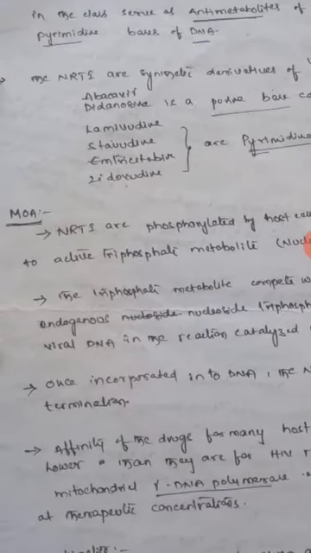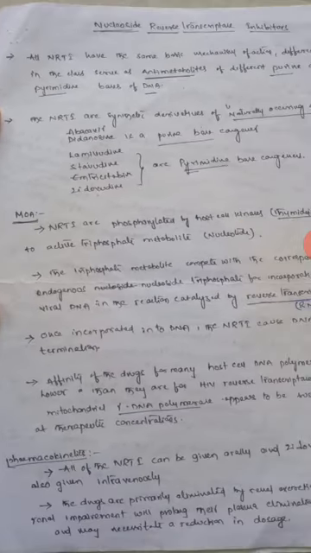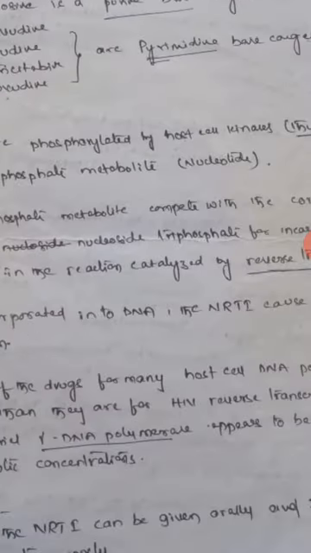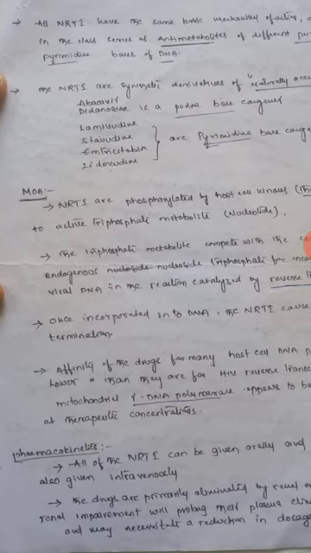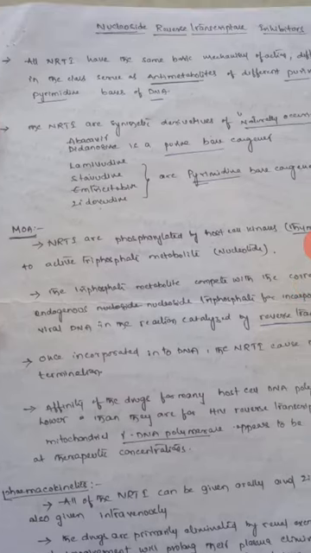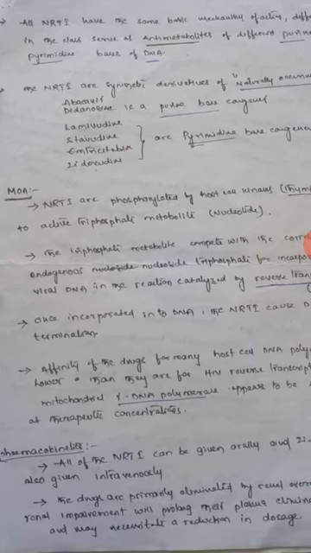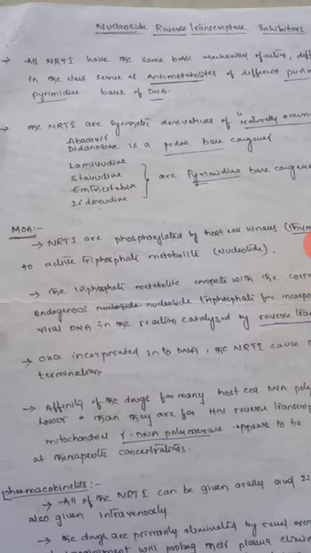Next is the mechanism: how nucleoside reverse transcriptase enzyme inhibitors work. All nucleoside reverse transcriptase enzyme inhibitors are prodrugs. These are nucleosides, which means they contain a nitrogen base and a sugar, so they need to undergo a phosphorylation step.